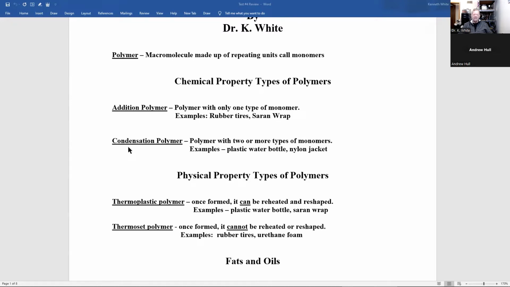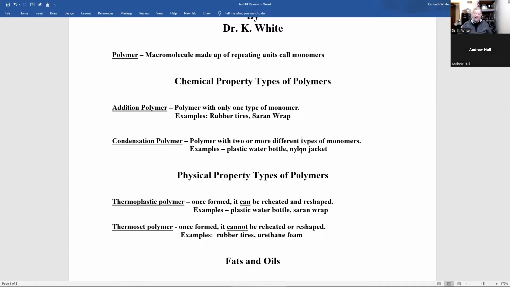Now, the other type is a condensation polymer. A condensation polymer is a polymer made with two or more different types of monomers. An example of that would be the polyester in my plastic water bottle or a plastic pop bottle.